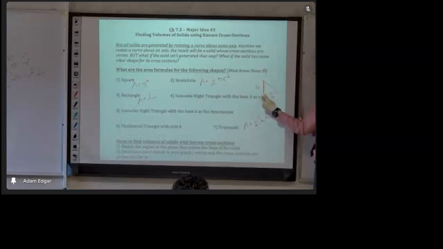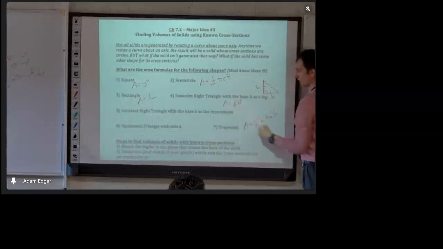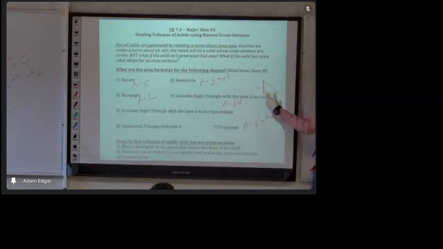In this scenario, your area is one half B squared, because base times height is really base times base. We like this scenario. This is the least painful scenario.